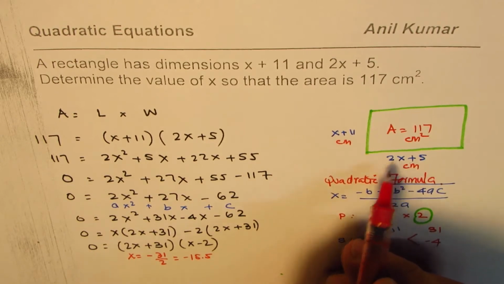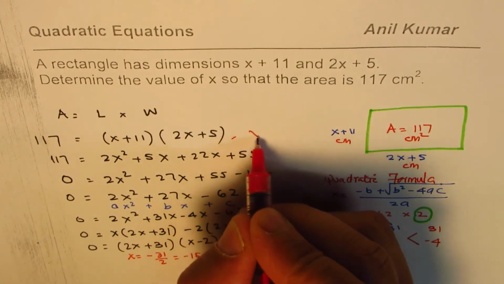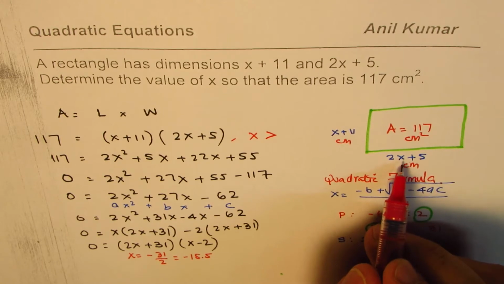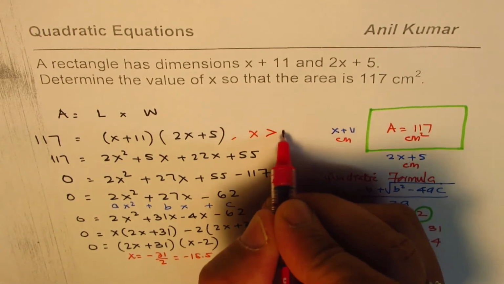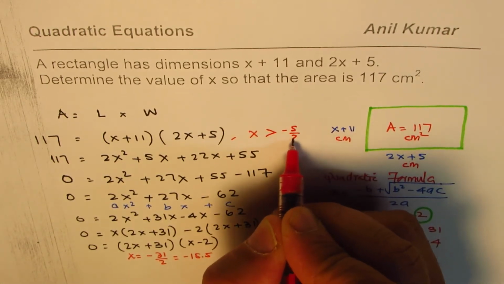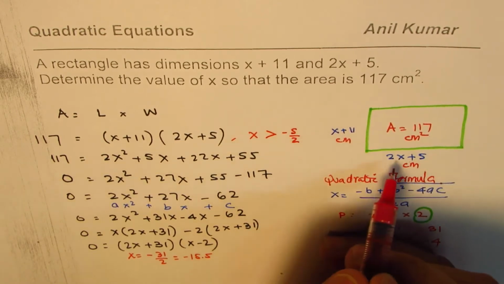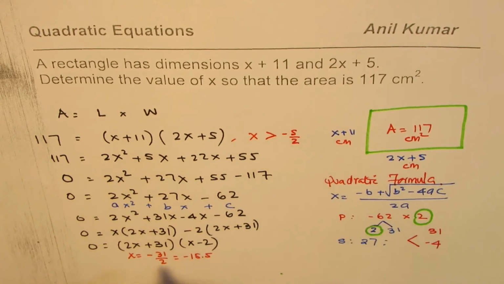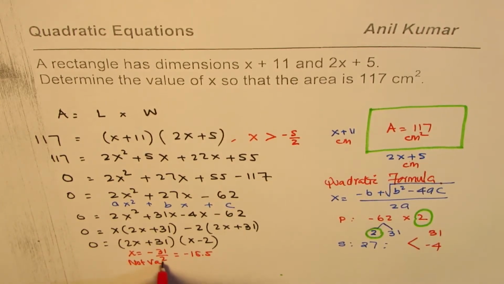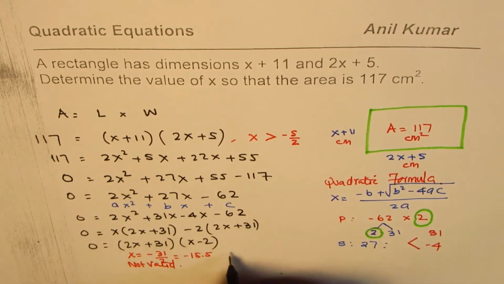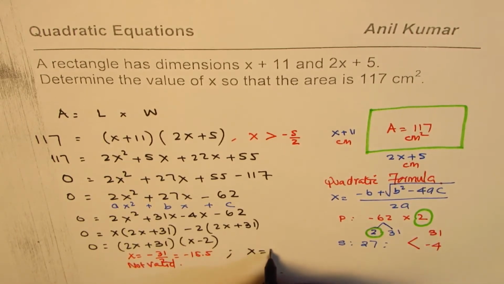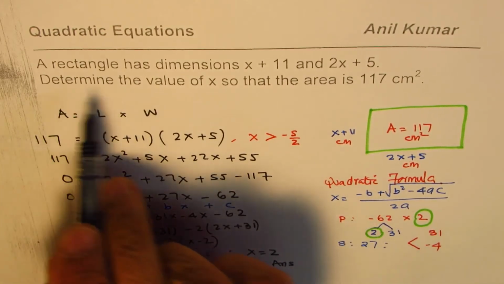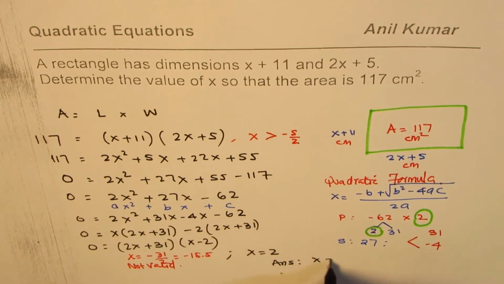So that really means that in this particular case, x has to be greater than minus 5 over 2, or minus 2.5. Then only we'll have positive dimensions. Now this is not valid. So we have one solution, which is x equals 2. So the valid answer is x equals 2. So for the given situation, the answer is the value of x equals 2.